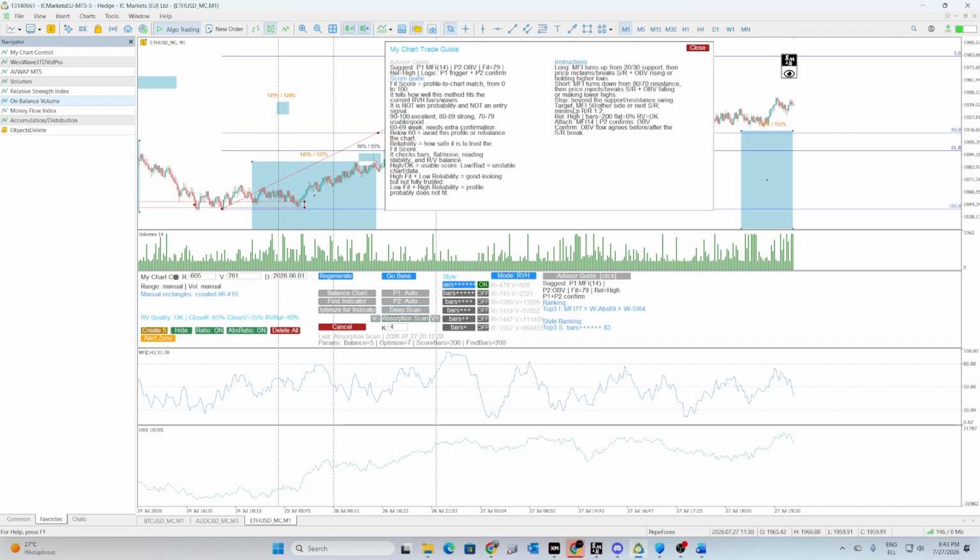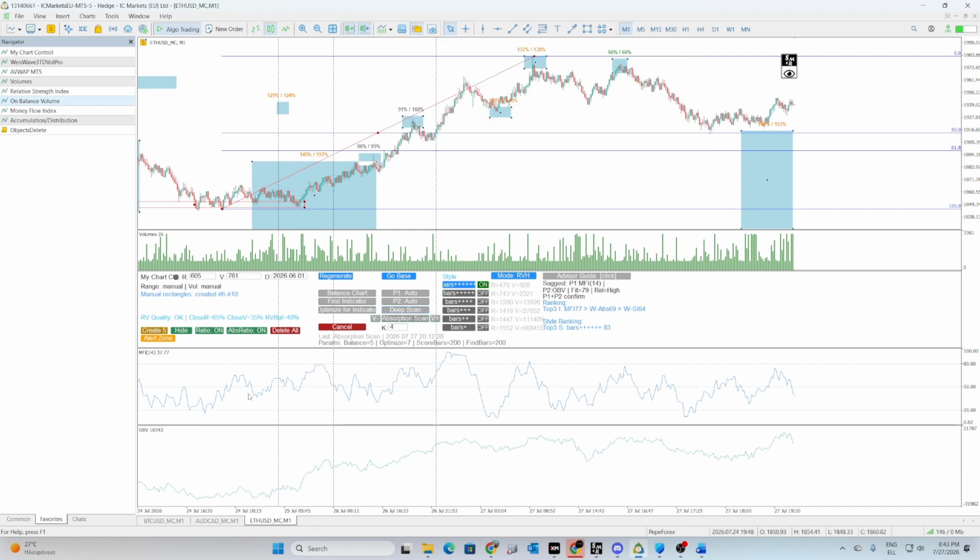All right, so look at that. This is what happened here, huh? OBV, MFI started turning up, and also right here, OBV started going up, the trend was up. So this is a long, okay, only from that.